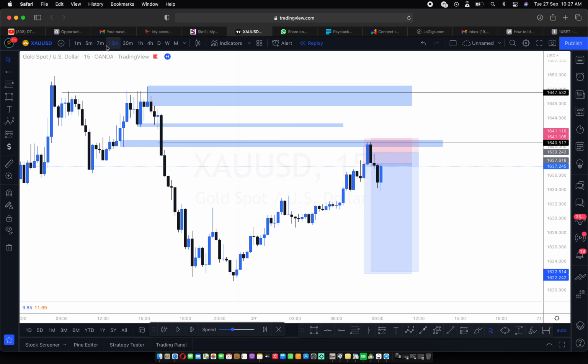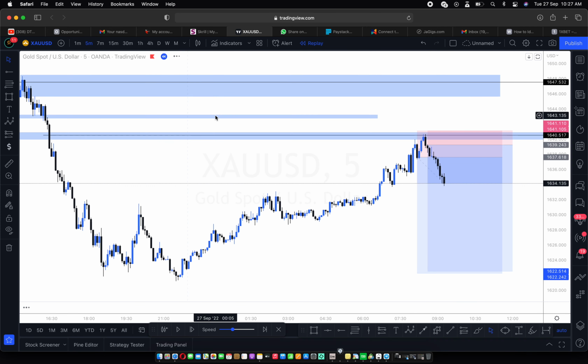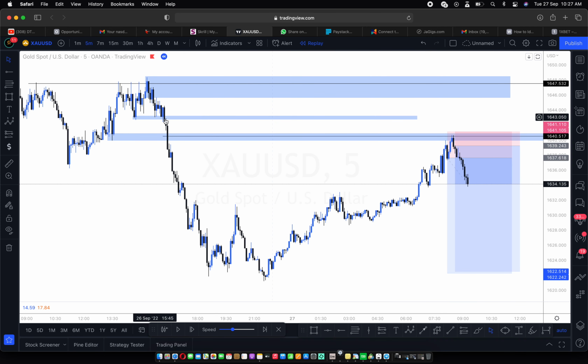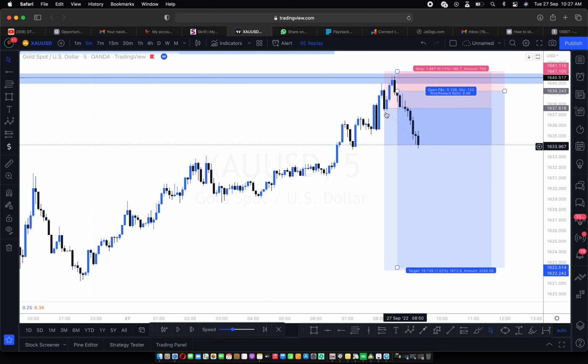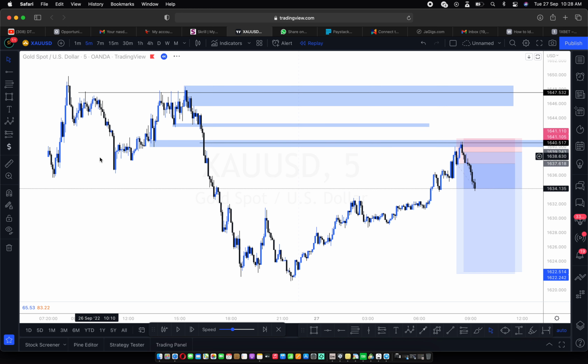It's just because there are some flip zones working in the background. See how accurate this was. It gave us an engulfing, first entry, second entry. Now both of them are in profit. Look at that. So that's another way to trade any setup actually.